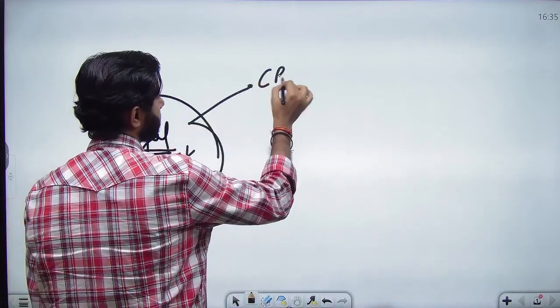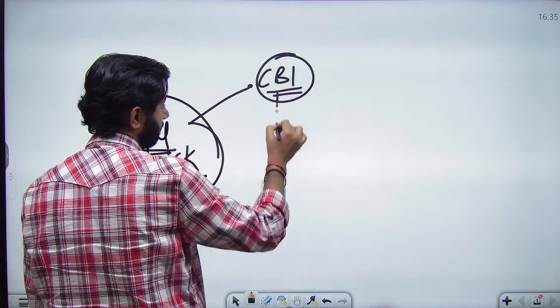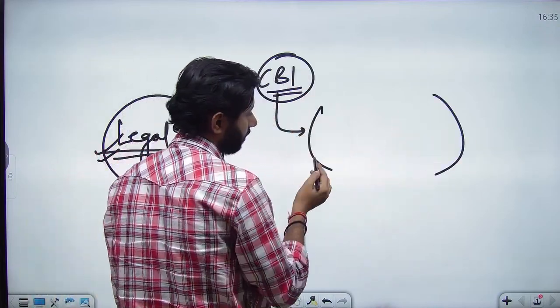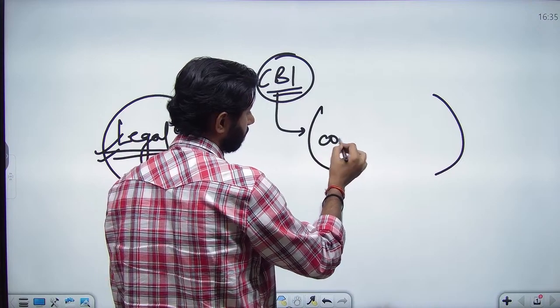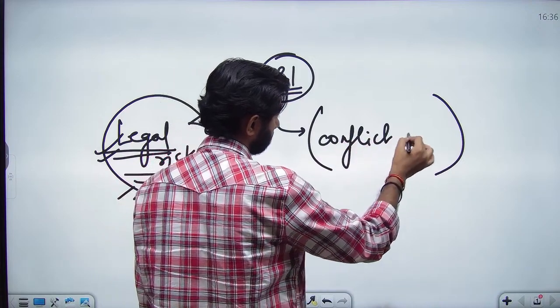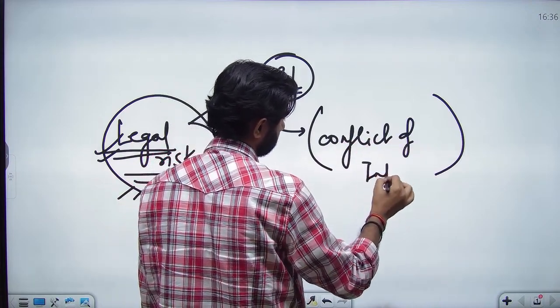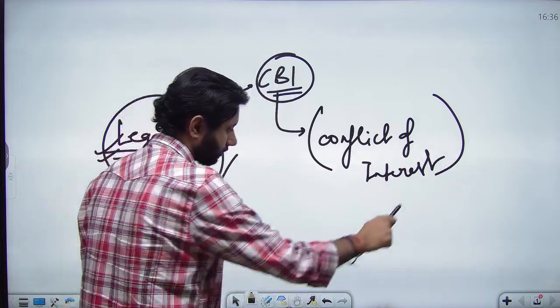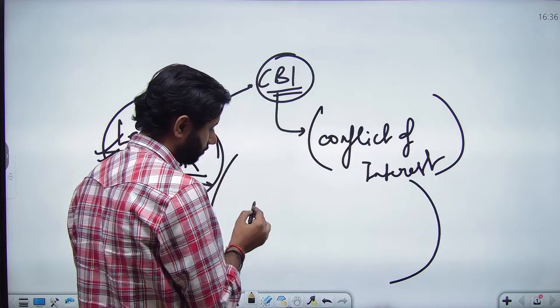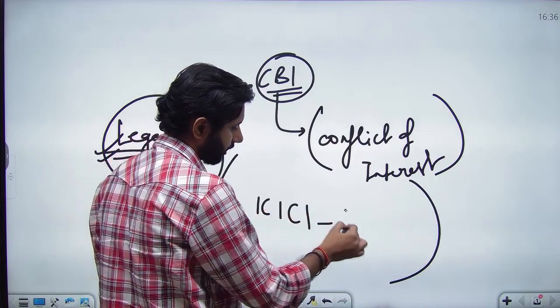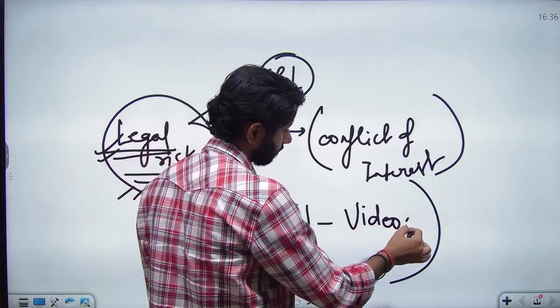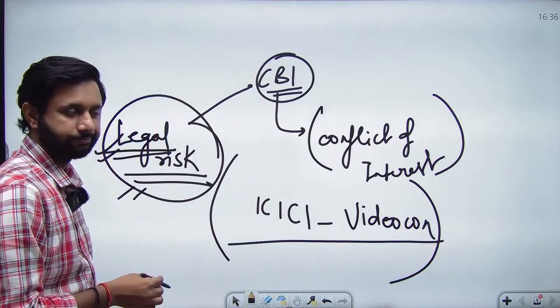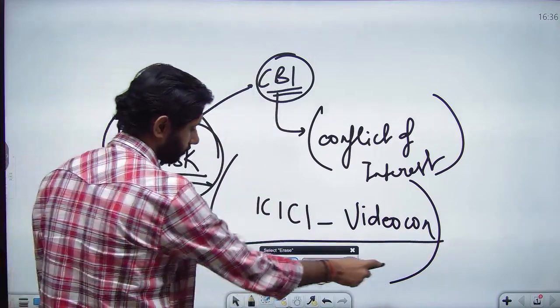Think about a CBI was actually investigating a case of conflict of interest between one of the board of the directors as well as other business group, ICICI Videocon, isn't it? That was the case over there. ये आपका लीगल रिस्क हो गया.